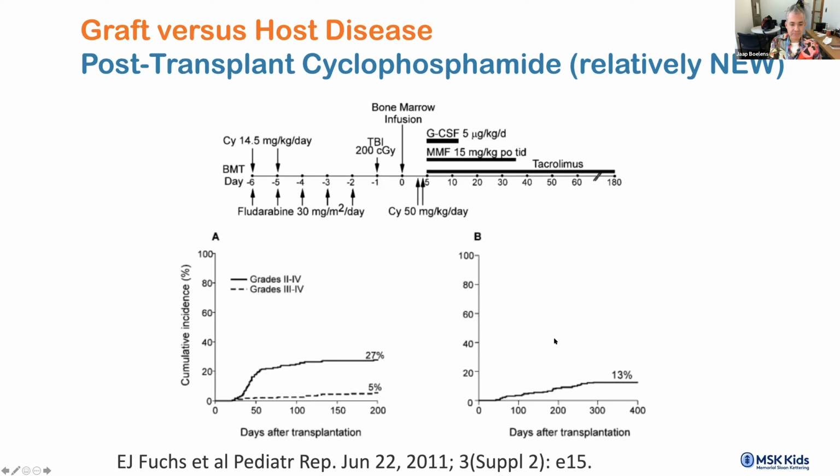On the cumulative incidence figures below, on the y-axis is the percentage of GvHD, and this is leukemia, but you can appreciate that the acute GvHD is only 27% and grade 3 to 4, so the more severe forms, is only 5%. And on the right-hand side, it's the chronic GvHD.